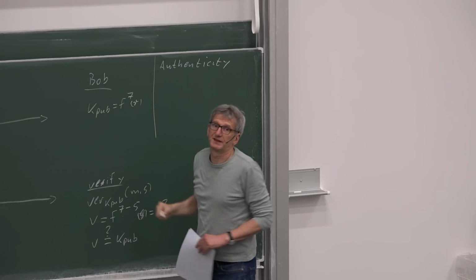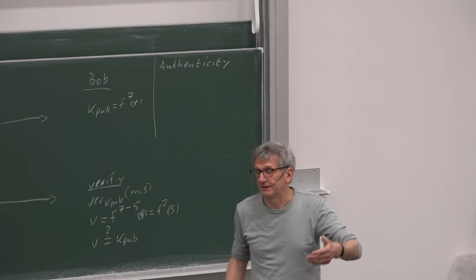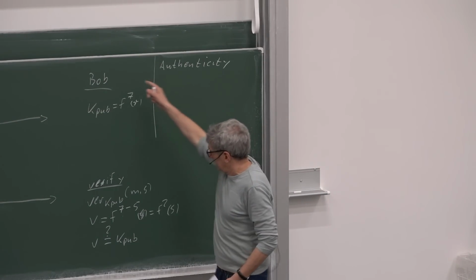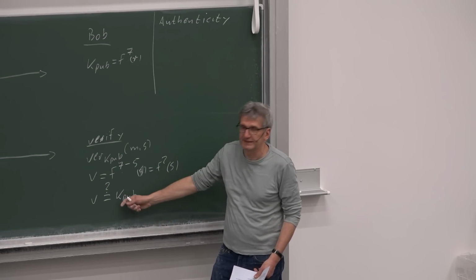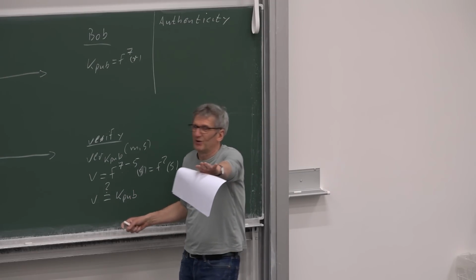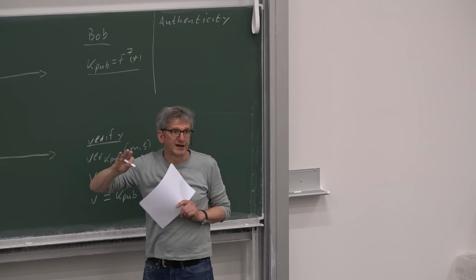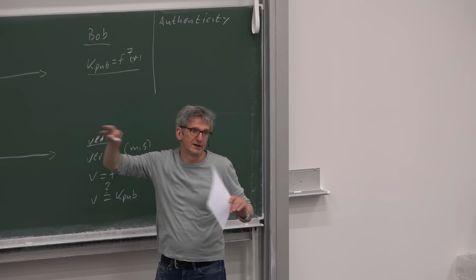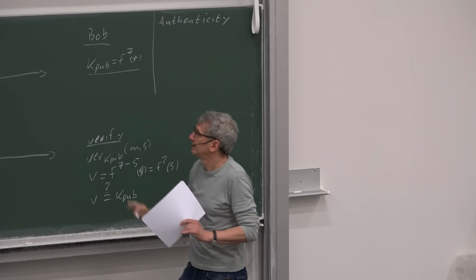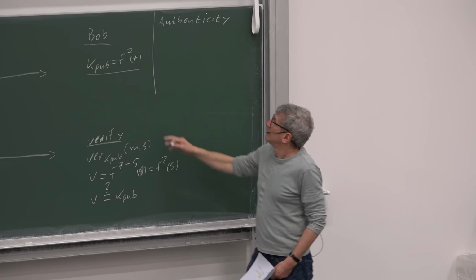What we call authenticity, some books call sender authenticity. Meaning, if this checks out for Bob, if Bob gets the correct K public, and now, assuming this has been distributed correctly, I mean, if this K public is from Oscar, everything is lost, right? So we're not talking about that case. That means the public key has been distributed correctly.